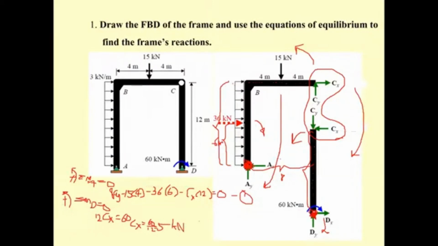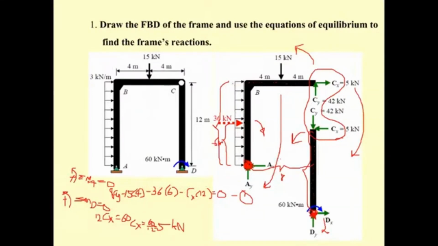When you get c sub x of 5 kilonewton, you put it here and then we can calculate c sub y. The c sub x of 5 here is in the opposite direction, and then you have c sub y, which is 60 plus this divided by 8. That is 42.